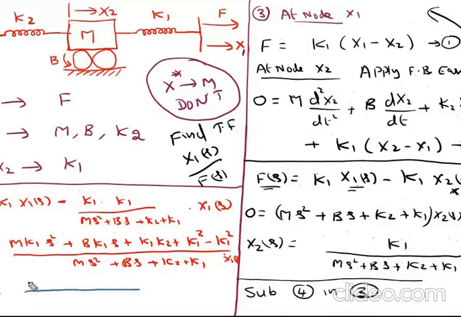So your final answer is, in the numerator you will get m s square plus bs plus k1 plus k2, divided by m k1 s square plus b k1 s plus k1 into k2. That is the final answer.